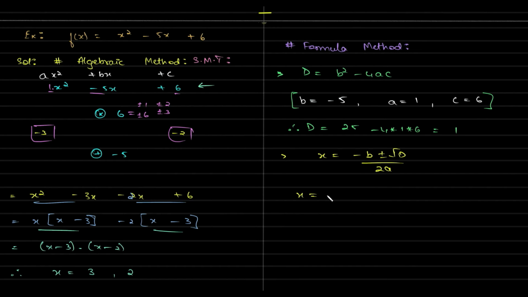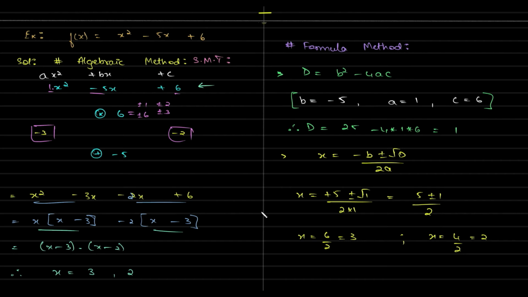So x is equal to 5 plus or minus square root of 1 divided by 2 into 1. So this will be 5 plus or minus 1 divided by 2. The first zero is 5 plus 1, 6 by 2, that is 3. The second zero is 5 minus 1, that is 4 by 2, that is 2. We have the two zeros, 3 and 2, same as before. Quite simple. Both methods are quite simple.